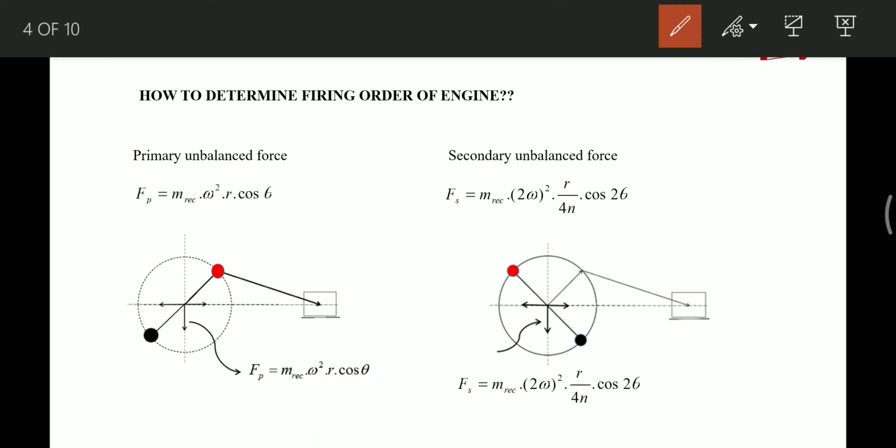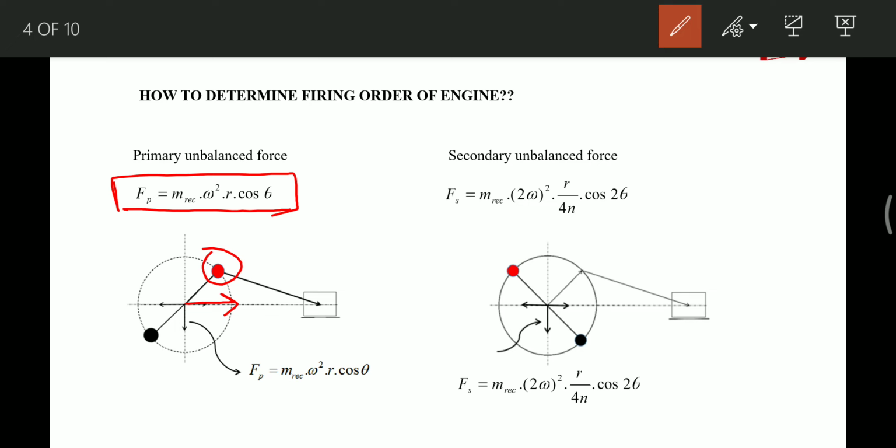Now if we see the primary equation, it looks as if it is a component of the mass which is placed at the crank pin in the horizontal direction. So if we assume that a mass of m reciprocating is placed at the crank pin, then Fp is the horizontal component of that force.